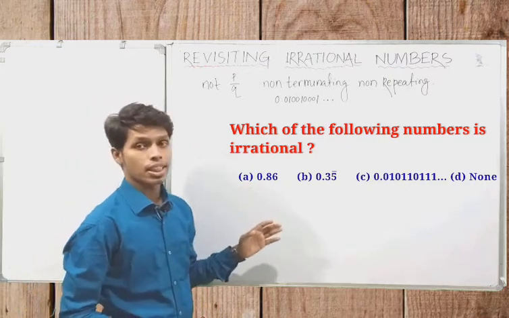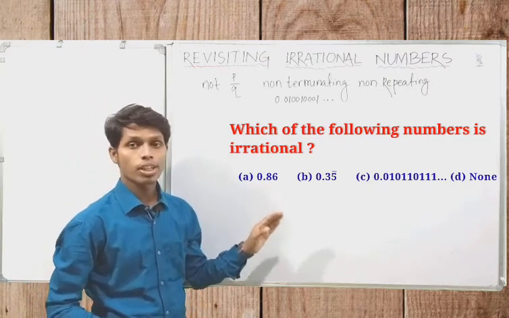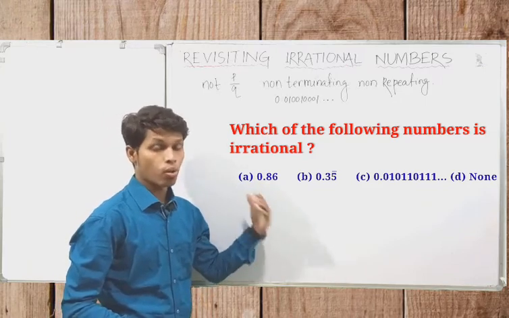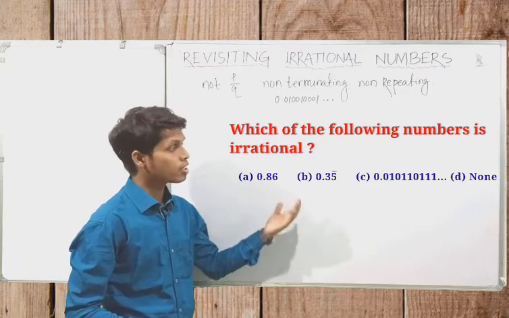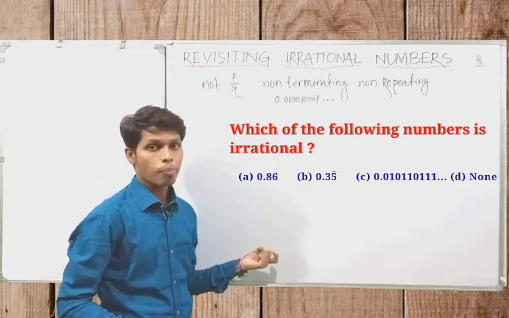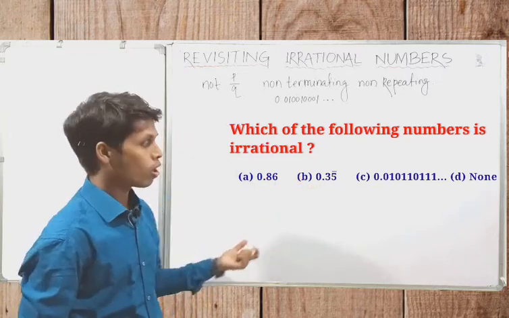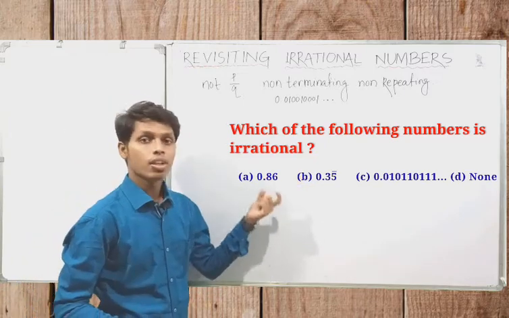Then the option C, you can see there is 0.01, 011, 0111, means no repeating pattern is there, nothing is repeated, so this is a non-repeating decimal, and also there is 'and so on' at the end, which means this is non-terminating.